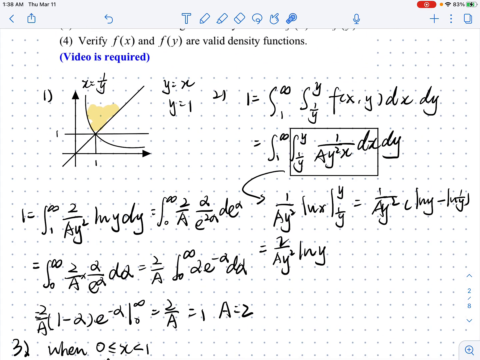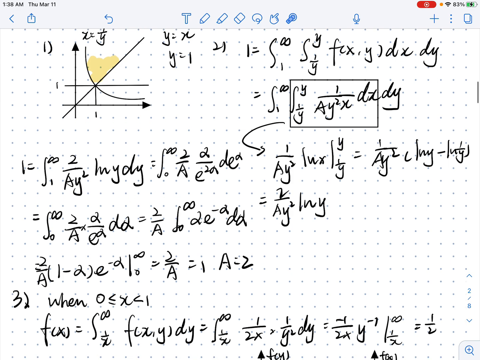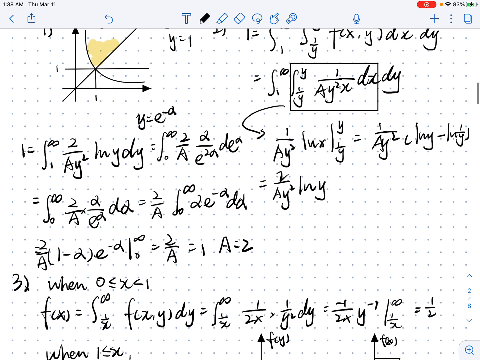And then we need to do the second integration, that is from 1 to infinity. So first we need to replace y with e to the power of alpha so that we can do the integration.